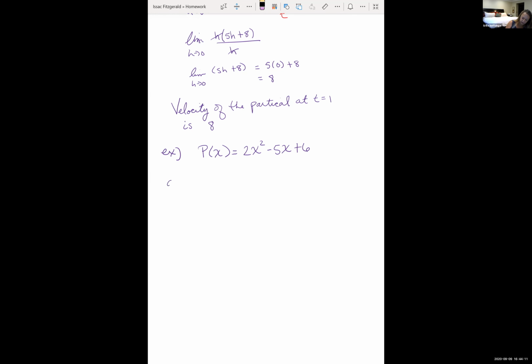Find the average rate of change of the profit for the following changes in x. So we want to find the average rate of change from x equals 2 to x equals 3.